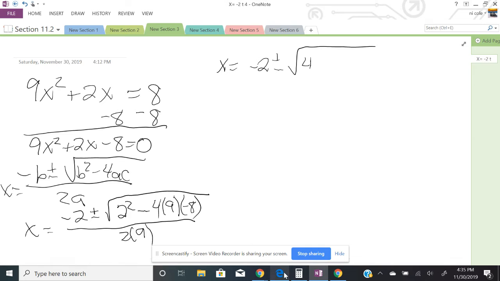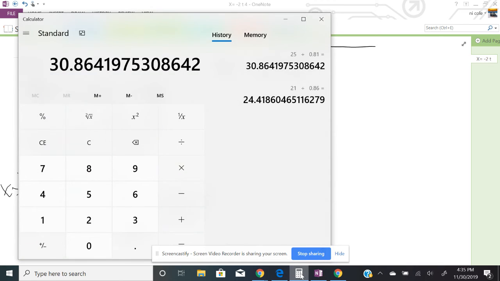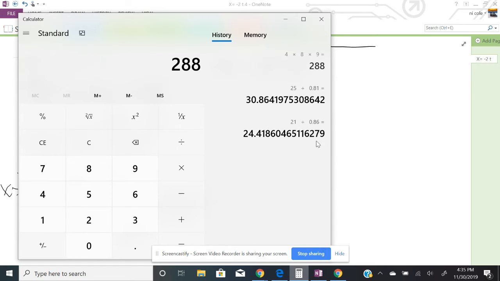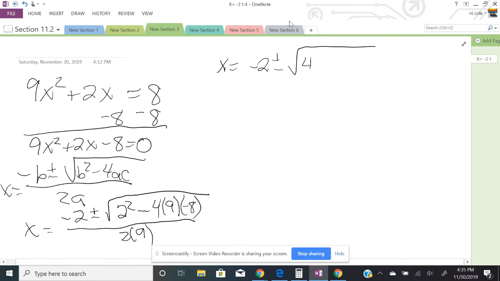Let's see. I've got a calculator right there. 4 times 8 times 9 equals 288, and this is plus 288 because I got a negative and a negative, all over 18.